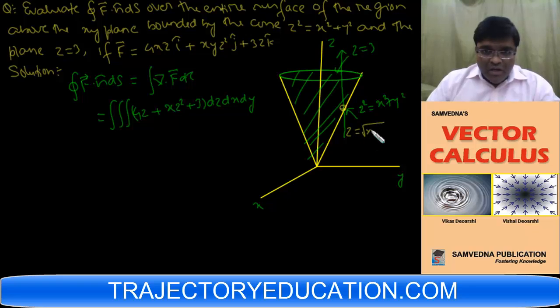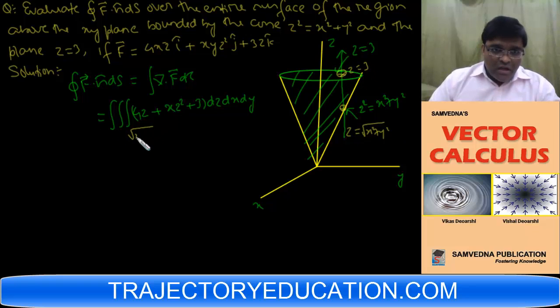It cuts first the cone, so the lower limit of z will be under root x square plus y square, and the upper limit of z will be z equals to 3.